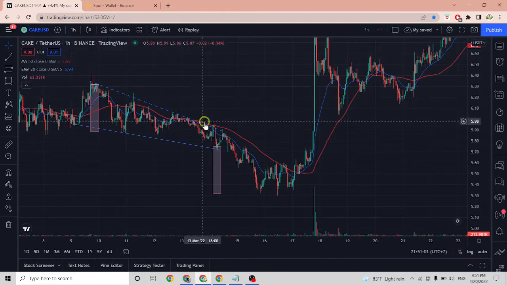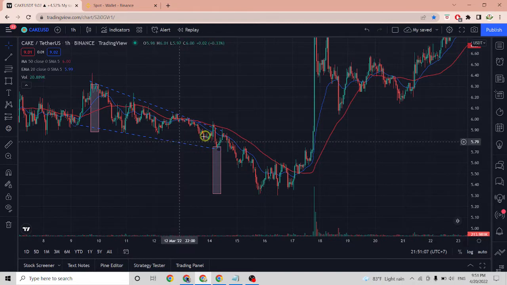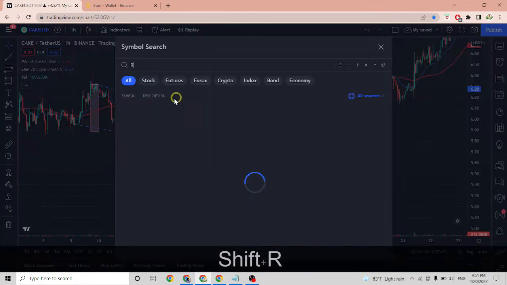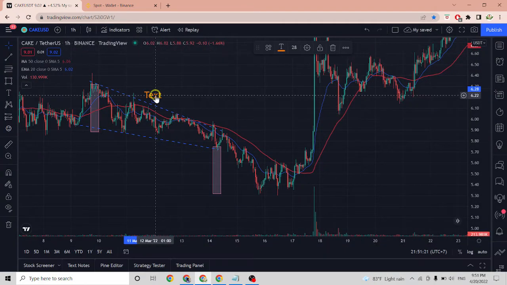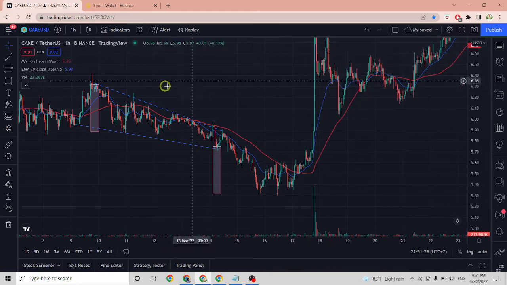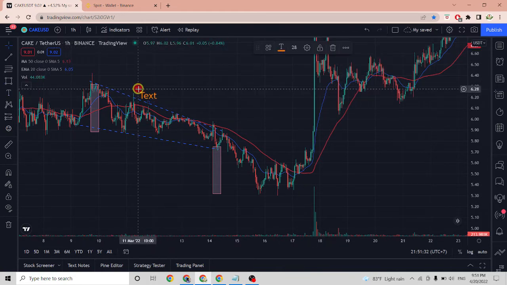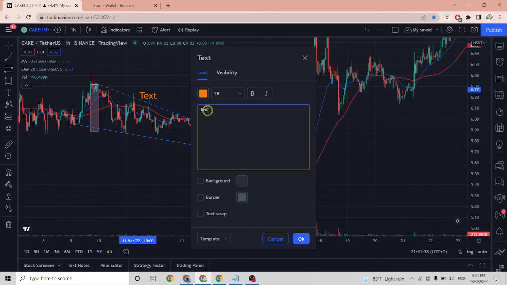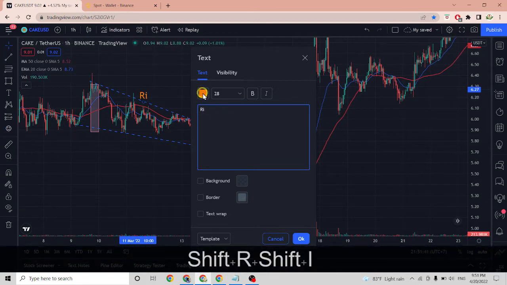This is the resistance. This is the support. So I analyze the CAKE USDT pair. Again, resistance.